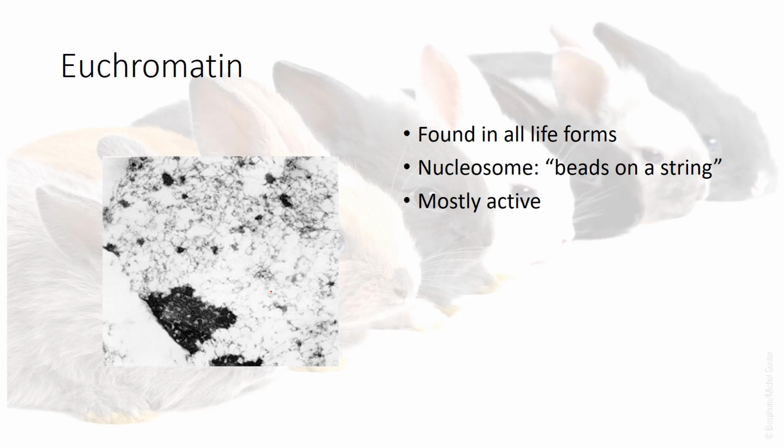And so if you just compare X chromosomes, one X chromosome, the Barr body, is going to be heterochromatin and is going to be incredibly condensed. The other X chromosome is going to be mostly euchromatin and is going to be mostly active. Now portions of individual chromosomes may be shut down as heterochromatin, and these are some of the epigenetic features that we were talking about in our crash course on inheritance.